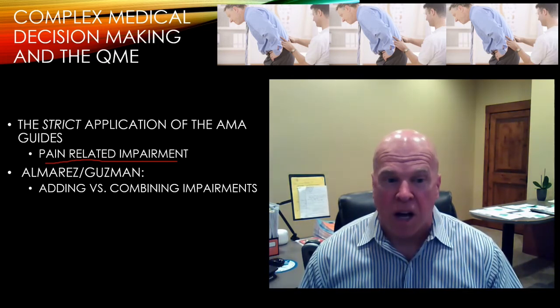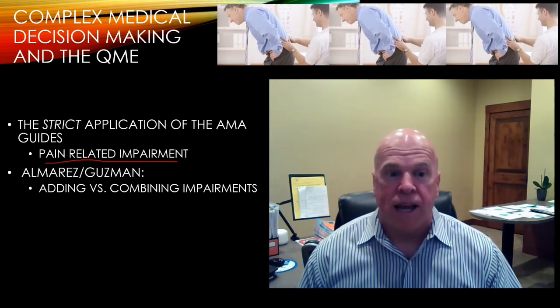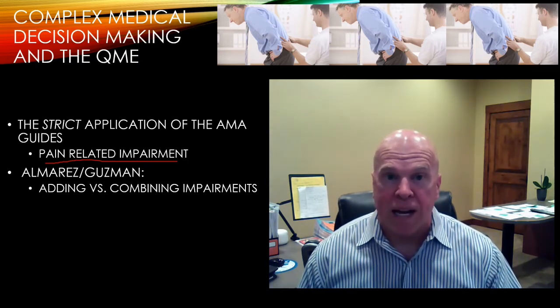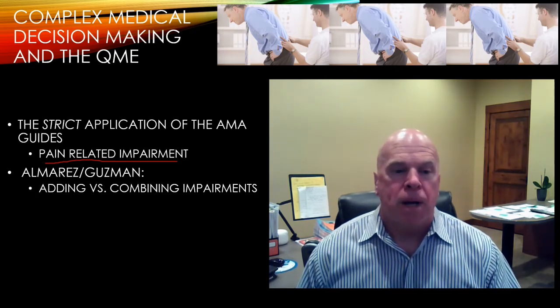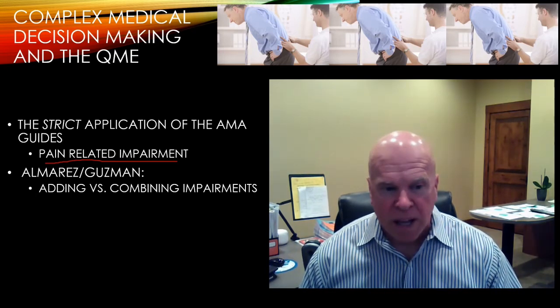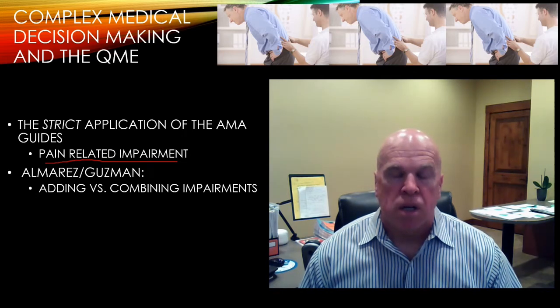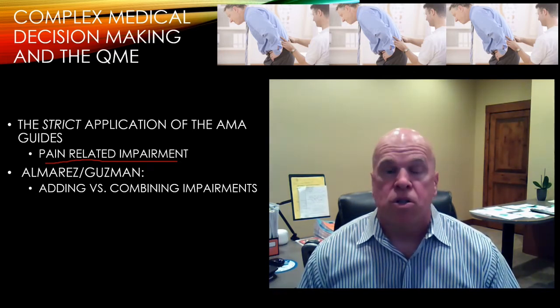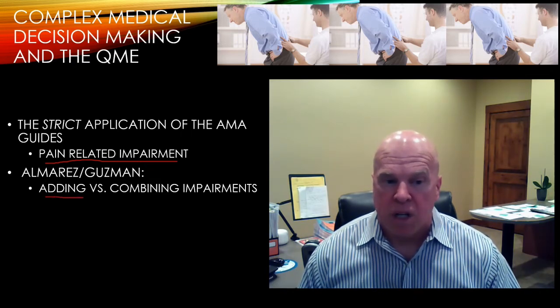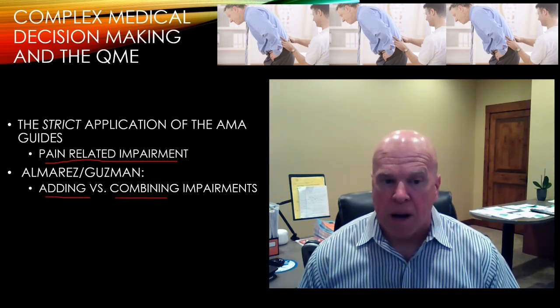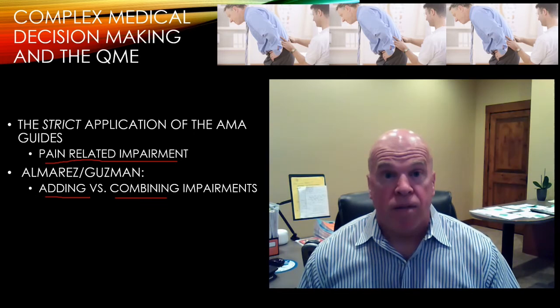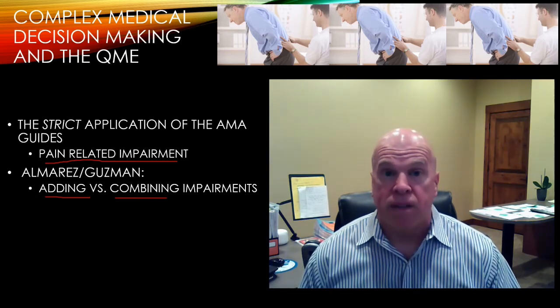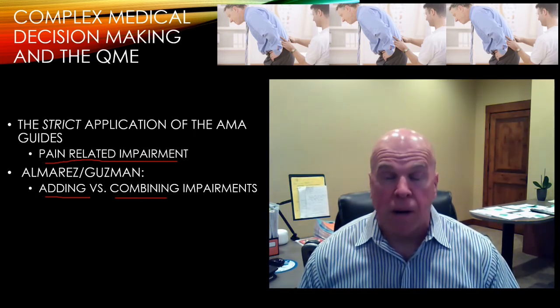So that's a mind blower, that you're not limited to only one 3% add-on for pain in providing for an accurate permanent impairment rating. And then under Alvarez and Guzman, and by analogy to the Kite versus East Bay case, you have the opportunity of adding, you have the opportunity of combining, you have the opportunity of subtracting, you have the opportunity of multiplying impairments.